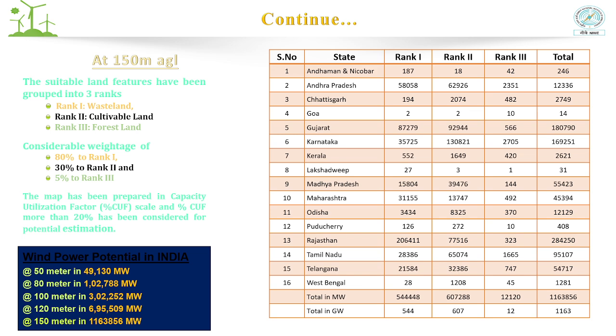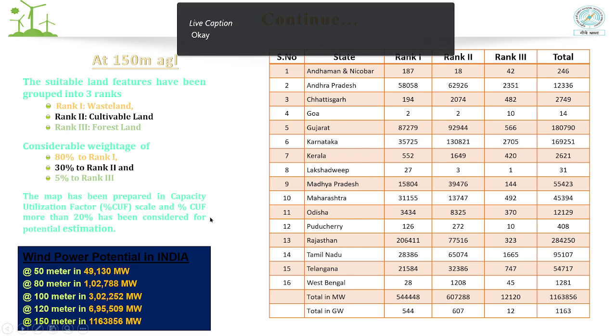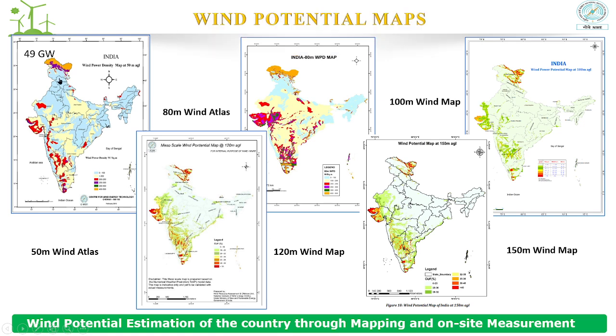So based on this, the estimate has been made. These maps can be used for you to do the wind farm siting. These maps are all published, public domain. It is available with NIWE, and wherever you want, if the data is available, you can buy from NIWE, or there are nowadays wind resource people who would have put up Metmasts and be ready with the data, and they will sell it directly to prospective wind farm developers.